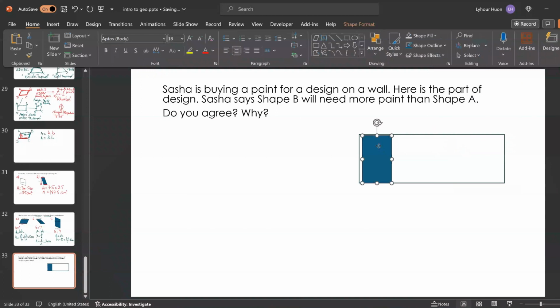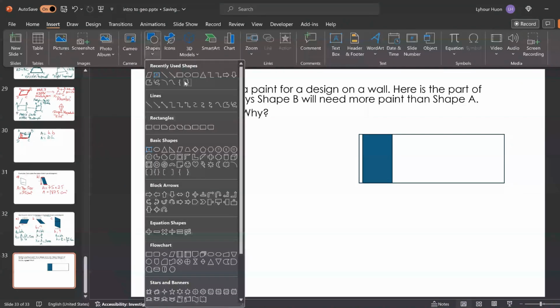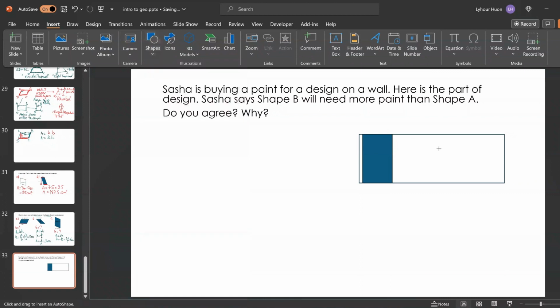Cut it here. Okay, this is shape A. The other one is shape B.